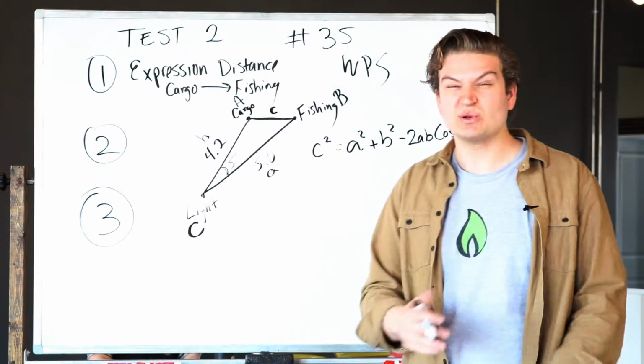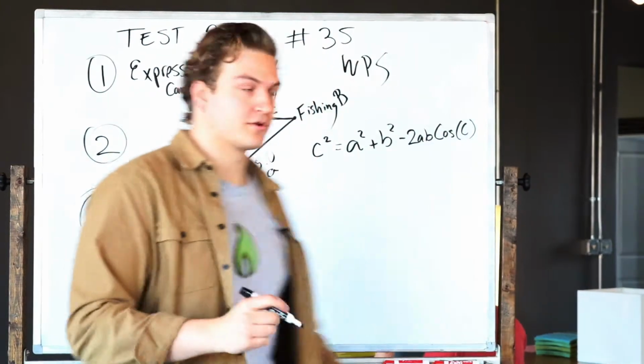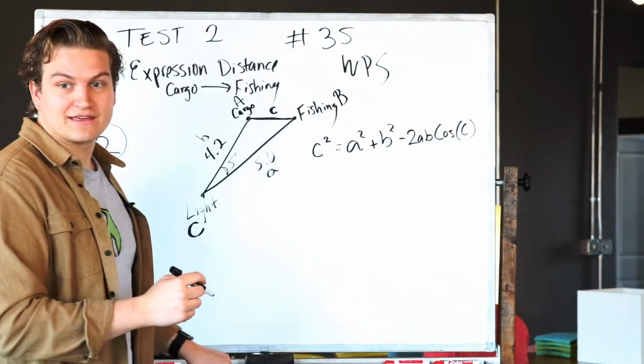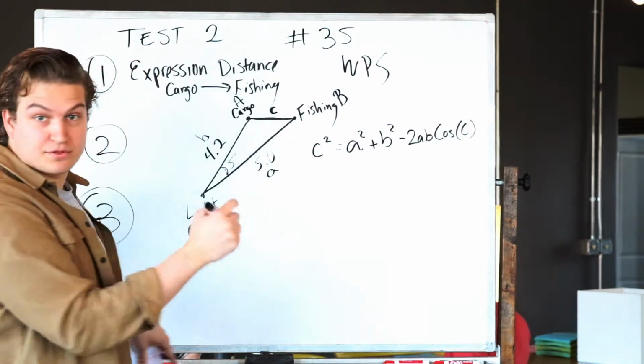Look at the answer choices. You don't even have to simplify or solve it at all. So let's build this formula real quick. We want to solve for side length C. We're moving on to step 3, solving the problem.